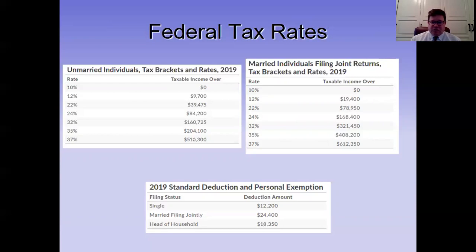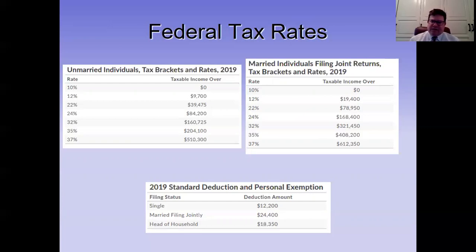That would continue to be added on. But then take a look at $9,700, you move from 12% up to 22%. So anything from $9,700 to $39,474 will be taxed at 12%, and then the increments as you go forward.